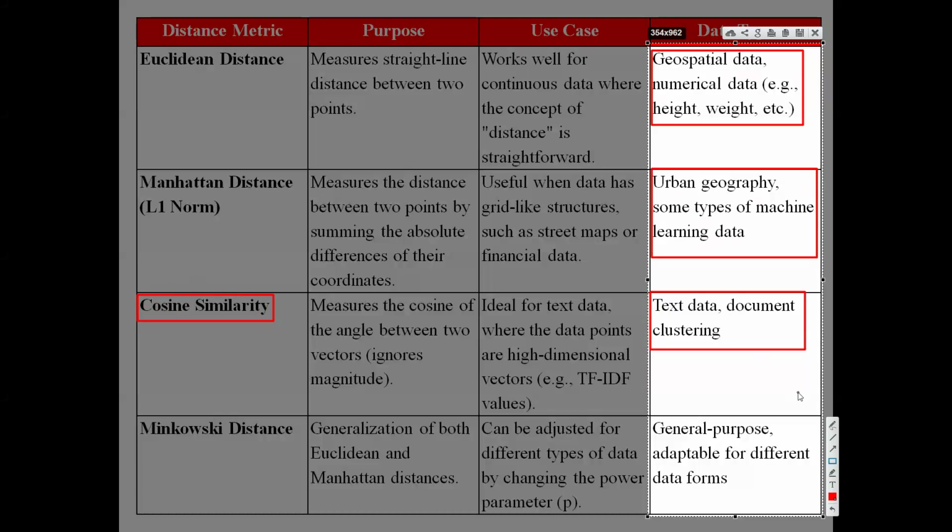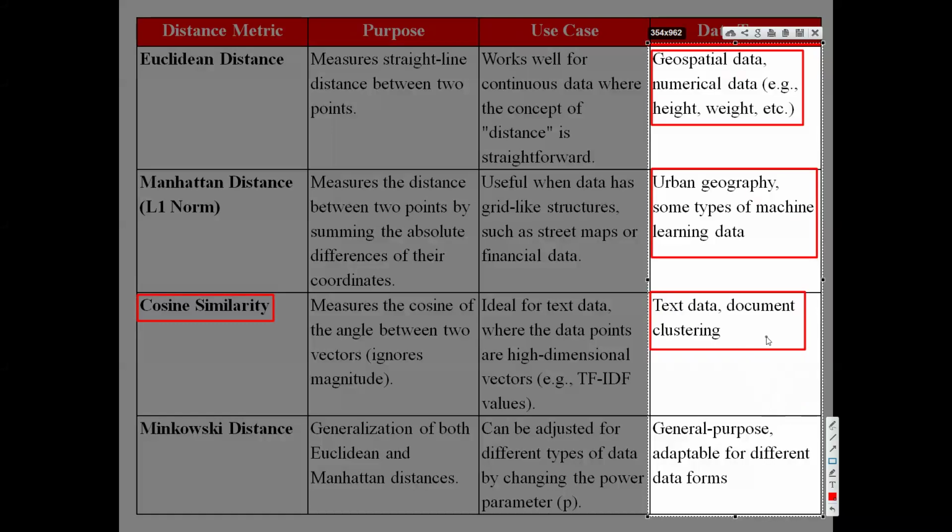For example, we are working on some large language model, we want to train on PDF documents, or give some doc files. In that case these classical distance metrics will not work. So we have to see which specific distance metrics we have to apply.